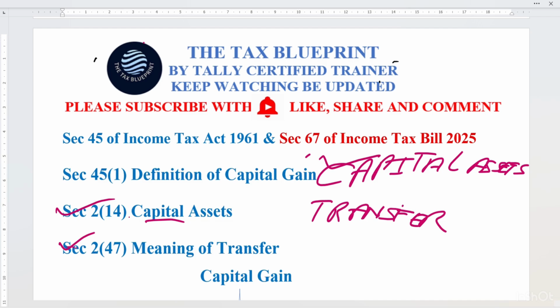All these transactions are considered as a transfer.